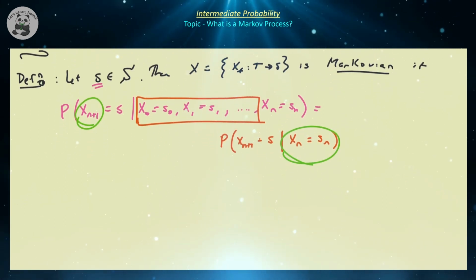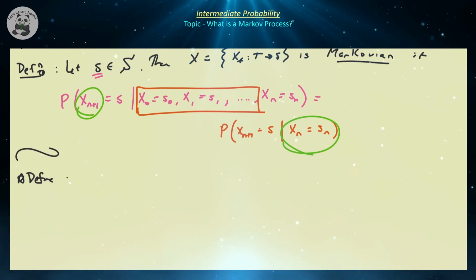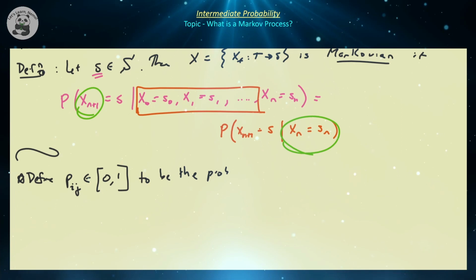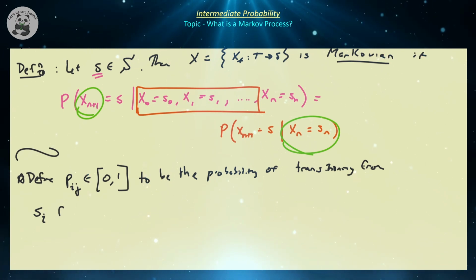All right, so let's look at a couple of subtle details that you might already know. What we're going to do is define P_ij to be a probability, so it belongs to [0, 1], the probability of transitioning from state s_j to state s_i.